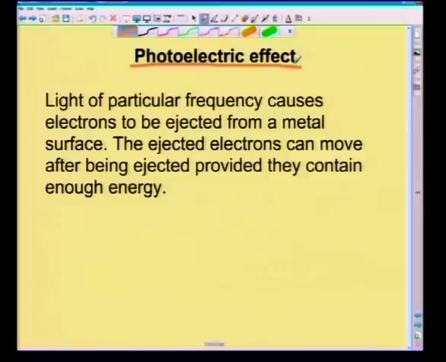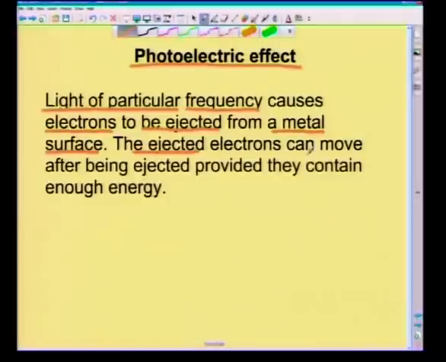The photoelectric effect can be observed happening when light of a particular frequency is shone on a metal surface. It will cause electrons to be ejected from that metal surface. Now, this will happen only if the light that is shone on that metal surface is bringing in energy packets.